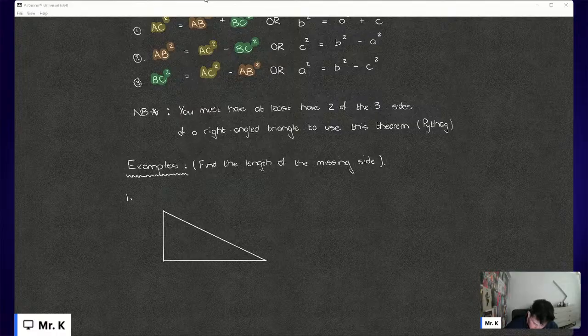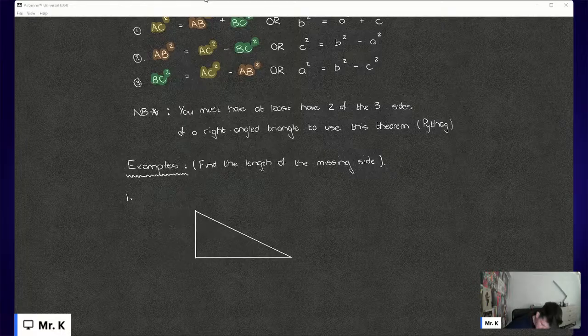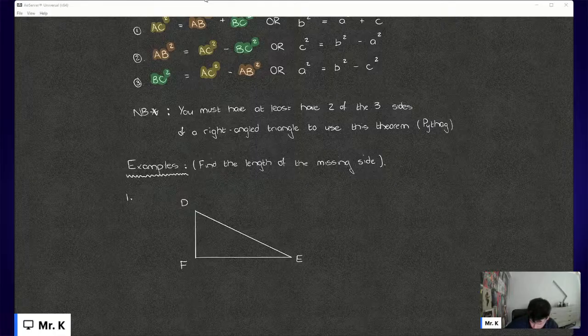Let's say this were example number 1. We have our triangle over here, and this is side D, E, and F. Okay, and we are told the following.